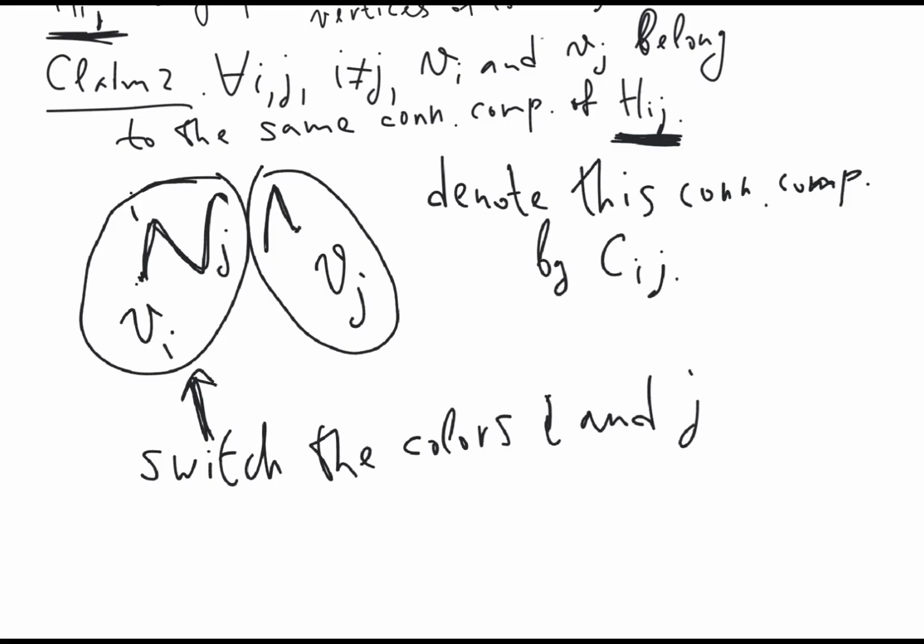By switching the colors i and j between each other, we don't violate anything, because this connected component is basically a bipartite graph, right? So we can draw it like this.